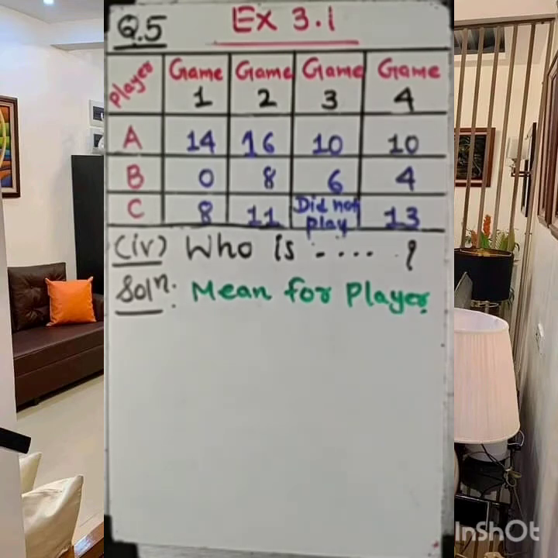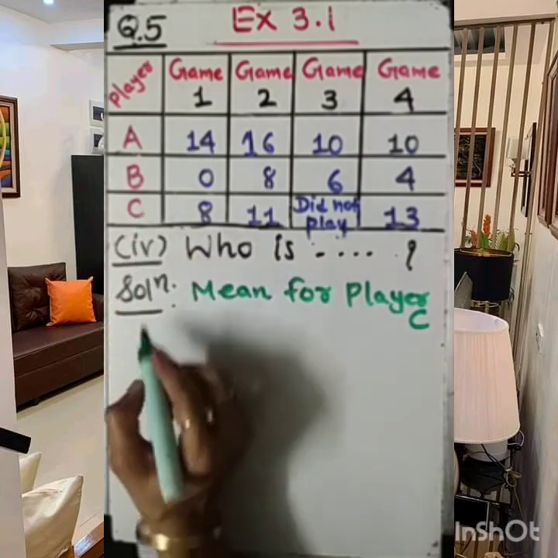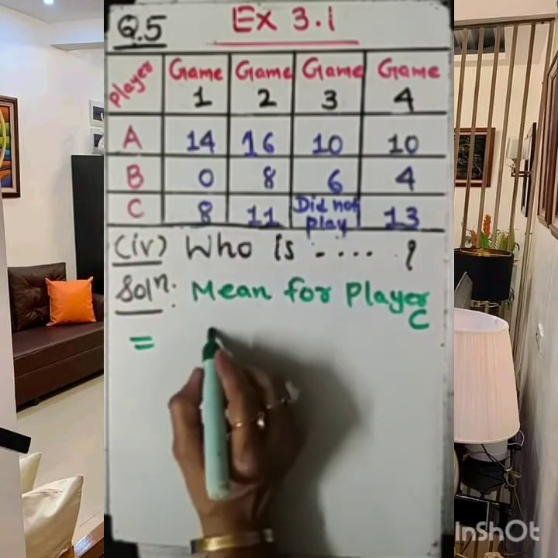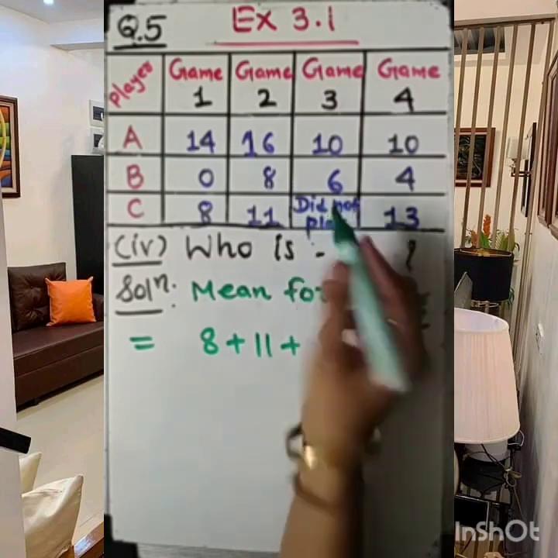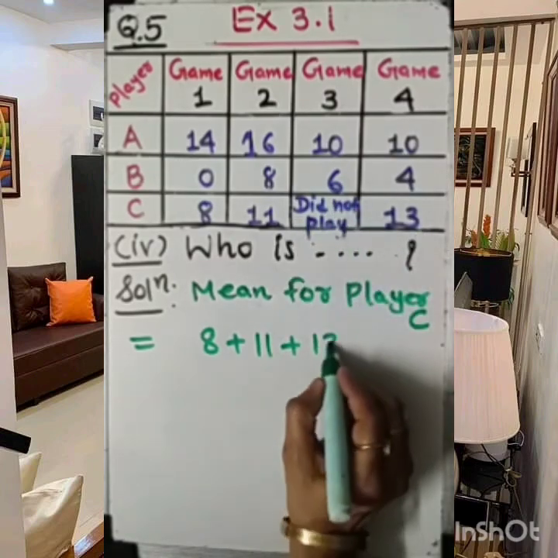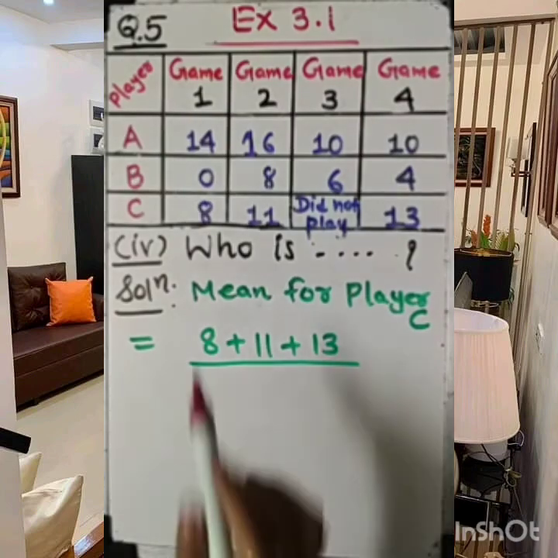Now dear student, we are finding the mean for player C, the third player. Here we are given 8 plus 11, and did not play, so we need not include that, and this 13. Be careful about writing this. Instead of 4 games, here he is playing only 3 games.